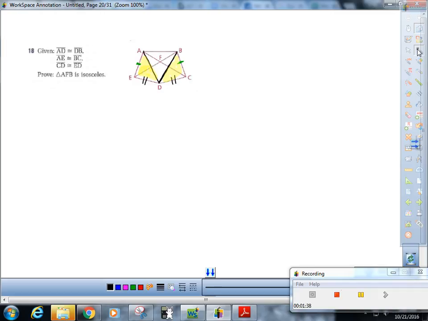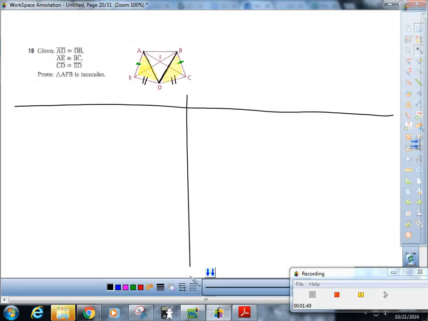Ooh, it's not going to be that simple. Well, let's just get that out of the way. Let's write down my givens. AD is congruent to DB. AE is congruent to BC. And CD is congruent to BD. And that's all given.